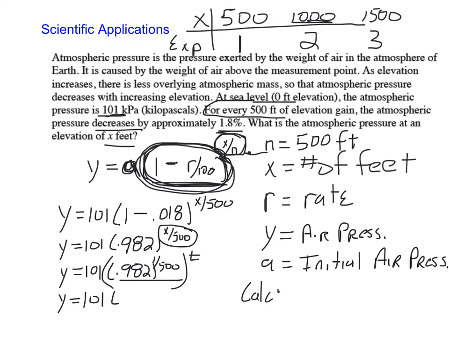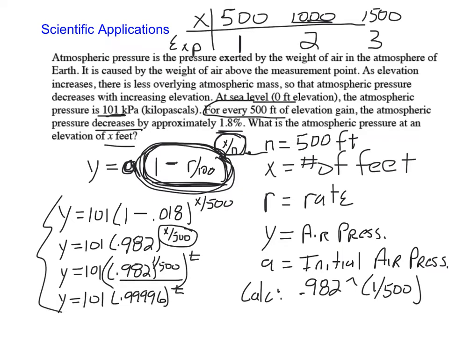If you type in 0.982 caret parentheses 1 divided by 500, you're going to get 0.99996 raised to the t. All of these are equivalent ways to model this situation.